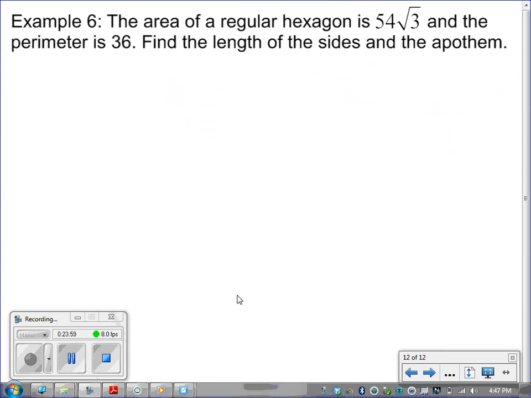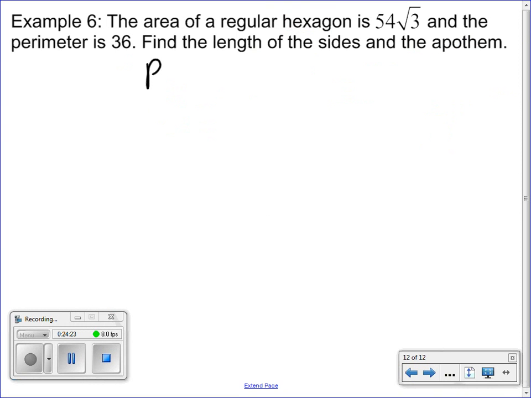All right, our last example. The area of a regular hexagon is 54 radical 3, and the perimeter is 36. Find the length of the sides and the apothem. So first, since I know the perimeter is 36, and I know a hexagon has 6 sides, I can go ahead and find the length of each side using perimeter equals s times n.